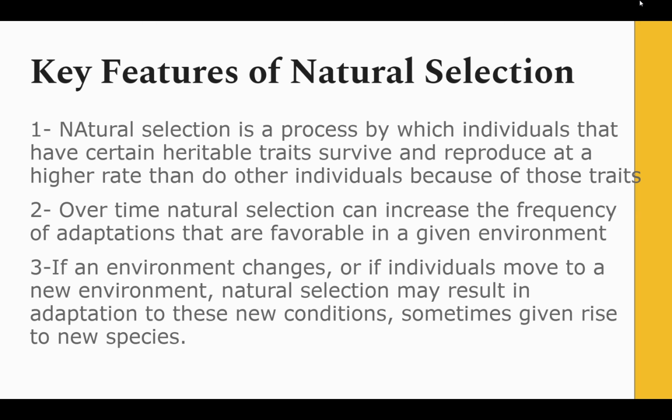So overall, natural selection is a process in which certain inherited traits that lead to better survival and reproduction mean those individuals survive and reproduce better because they have those traits. Over time, this natural selection will increase the frequency of these favorable traits. And if the environment changes, natural selection will change along with it.